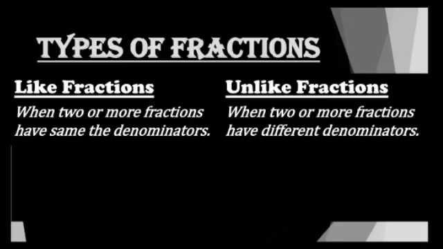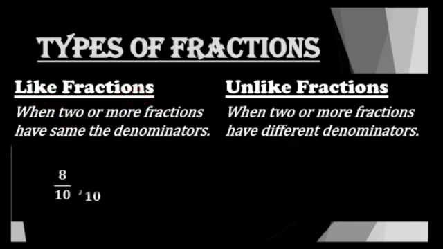Now we will see the types of fractions, like fractions and unlike fractions. Dear children, we can see here like fractions. When 2 or more fractions have the same denominators, these are called like fractions.